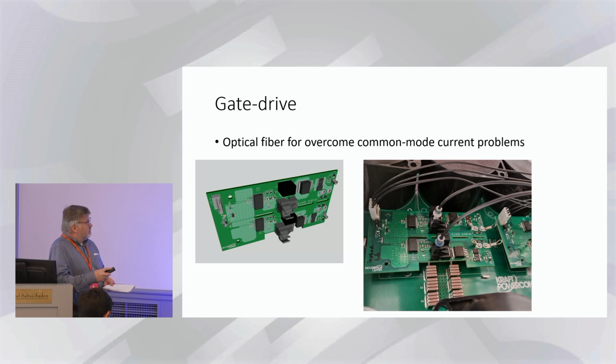So to continue with our test, we had to design something else ourselves that works. So we ended up with optical fiber communication. So here we have this board here. Here we have small DC-DC converters, 1 for high side, 1 for low side.